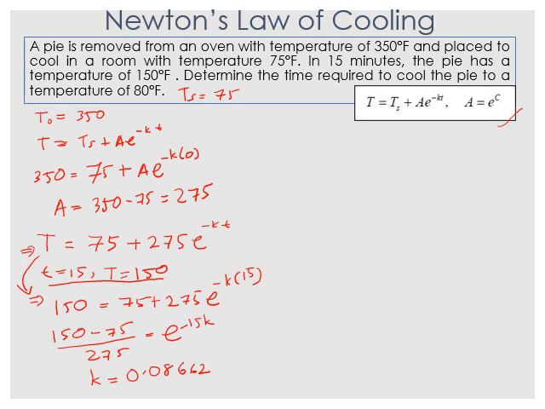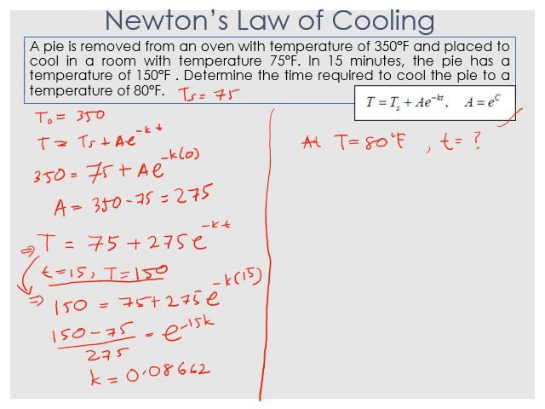Okay, so we can stop. You can take this decimal up to 4 decimal places, at least. Now at temperature equal to 80 degrees Fahrenheit, what is the time? How many minutes are required for it to reach 80 degrees Fahrenheit?